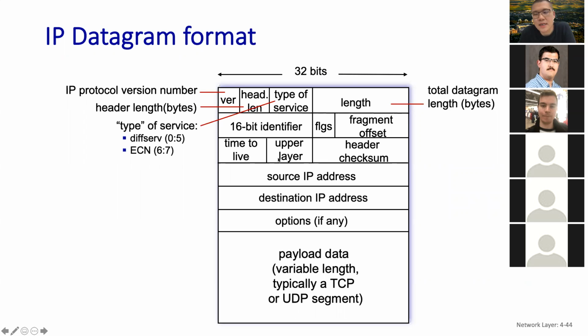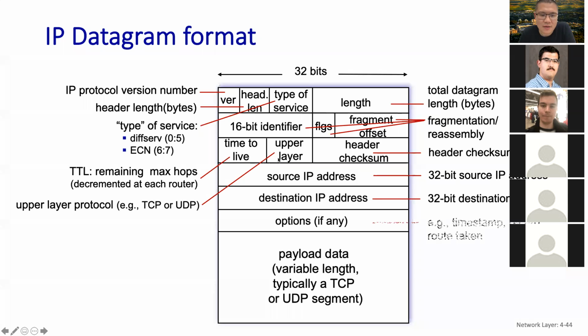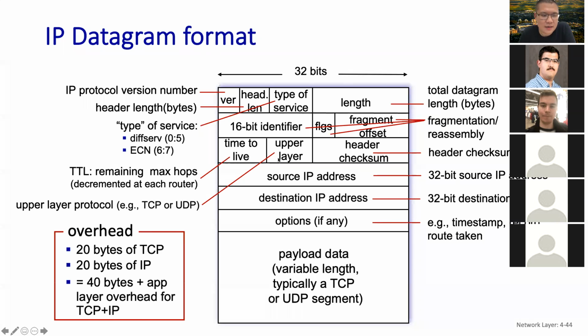And as we also saw before, for the different layers, they need to encapsulate their own data unit, right? So here for the network layer, this is the datagram format. Previously we have the packet unit, so they have to encapsulate and decapsulate. Anyway, we have already explained that.